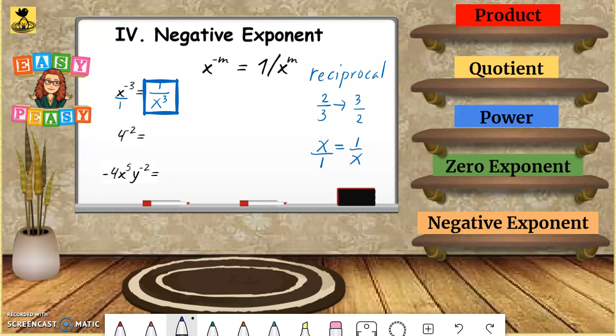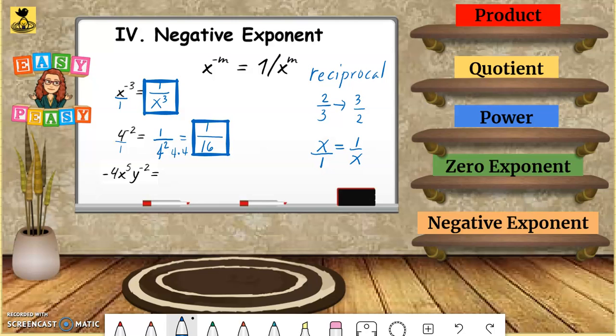So 4 to the power of negative 2, to get rid of the negative exponent, we'll just simply get the reciprocal of 4. So this is 1 over 4 to the power of 2. No more negative. But we can simplify this because this is a number. So 4 squared means 4 times 4. Remember in our previous video. So 4 times 4 is equal to 16. So the answer is 1 over 16.